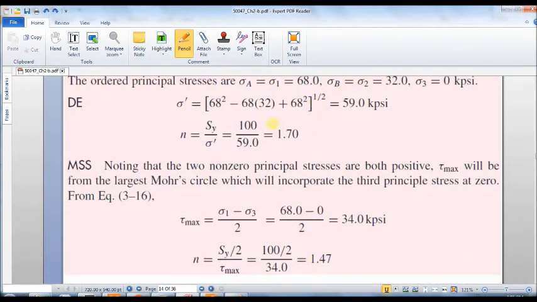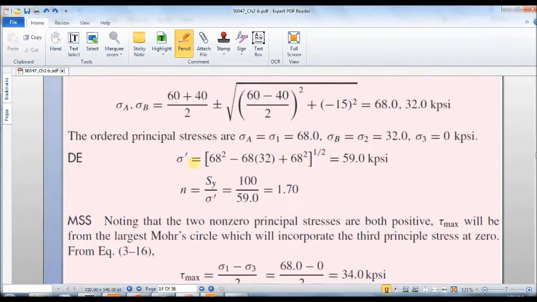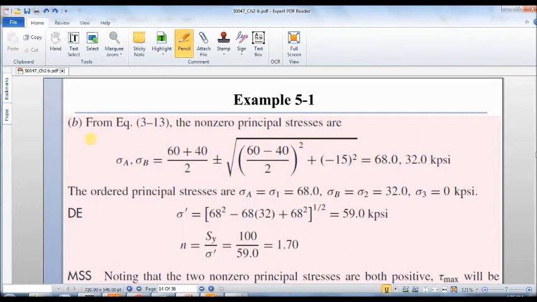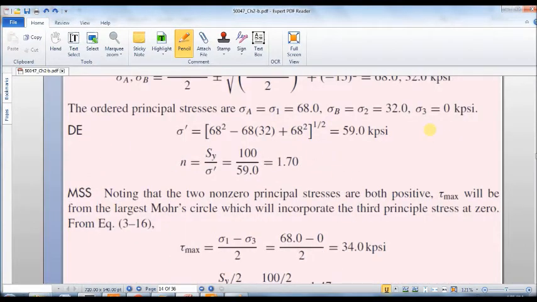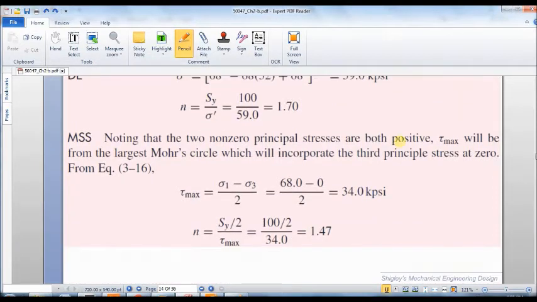So again, in this part B, we have the first case of state of stress, which was two positive principal stresses. And then by using the maximum shear stress theory, we will find that the safety factor is 1.